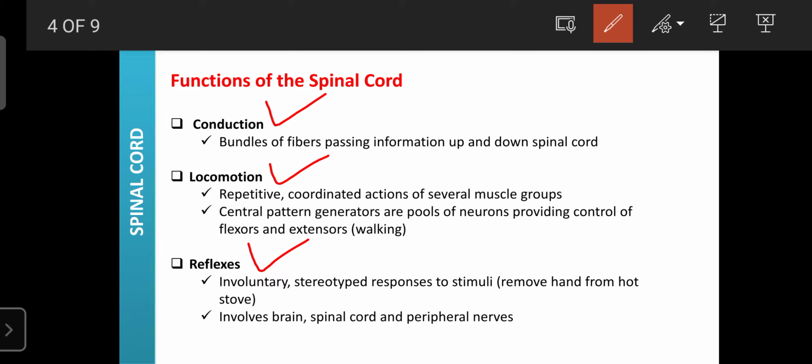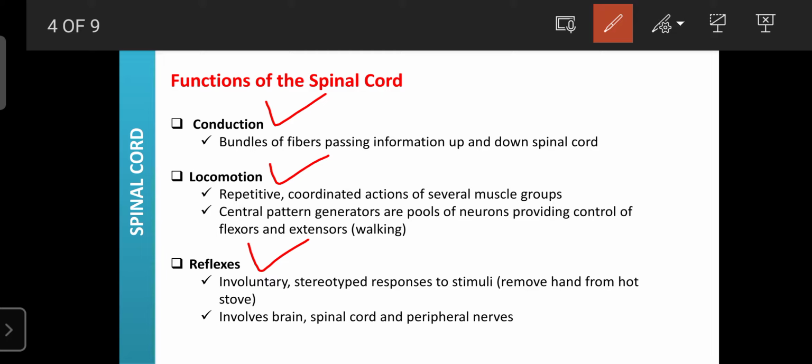For example, the removal of the hand from the gas. When you are cooking and your hand is exposed to the hot area or the flame, automatically, without your brain's knowledge, your hand is drawn away. Such actions are known as reflexes.